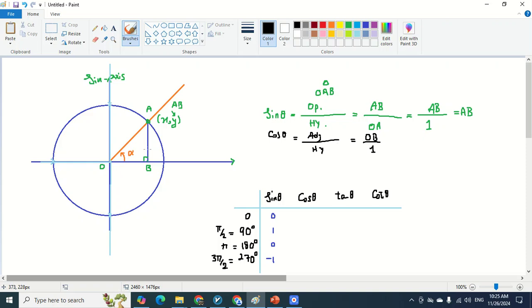Because of that, OB, the x component, determines the cosine of that angle. For this reason, we call this axis the cosine axis. The x value determines the cosine values.